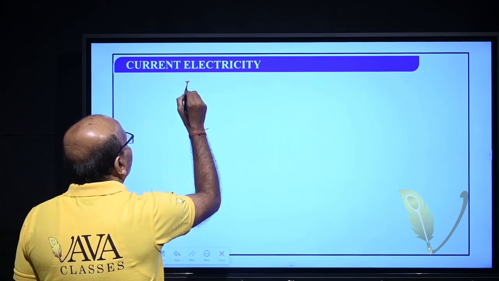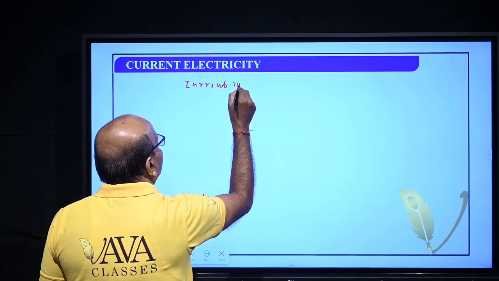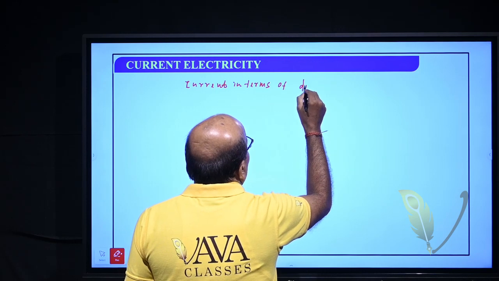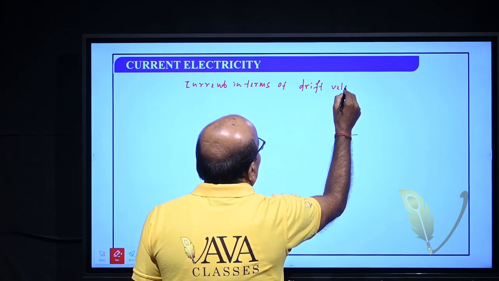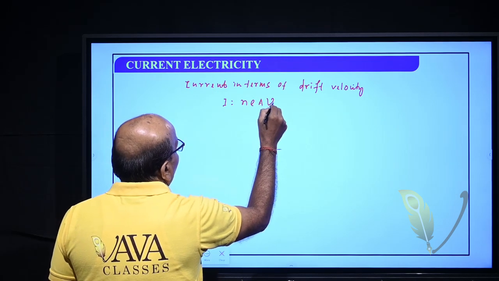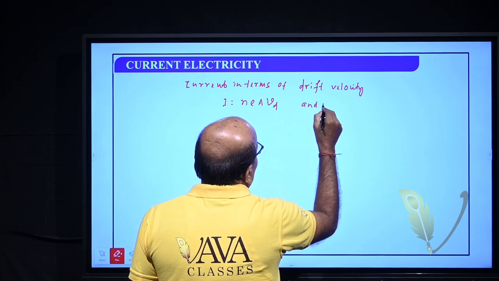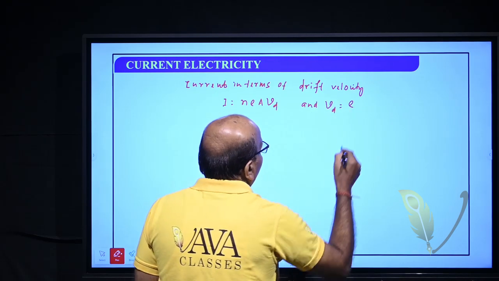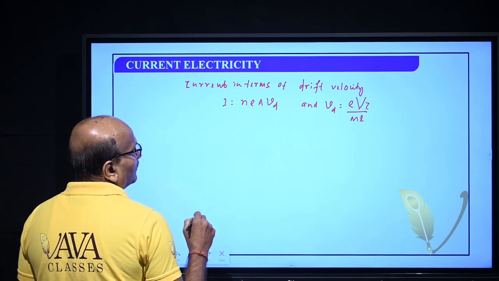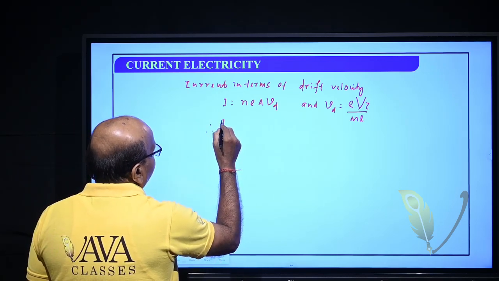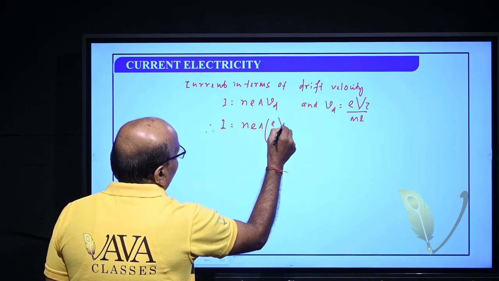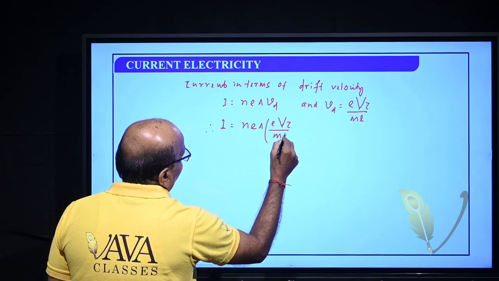We know current in terms of drift velocity is I is equal to n e A v_d, and drift velocity is equal to e V tau by m into L, where V is the potential difference applied across the conductor of length L. Therefore, you can write I is equal to n e A into e V tau by m into L.